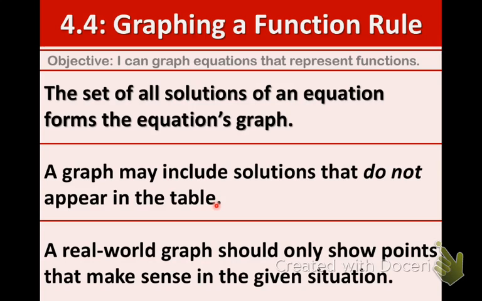So that just means that on a graph there will be points that are not always in the table as well. And the last bullet point is a real-world graph should only show points that make sense in the given situation. So in a real-world situation, you just have to make sure that the points shown would actually take place.